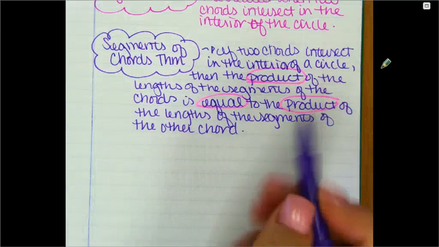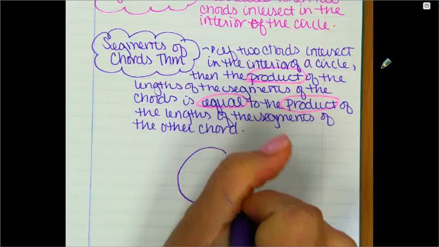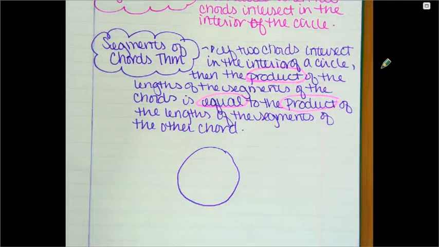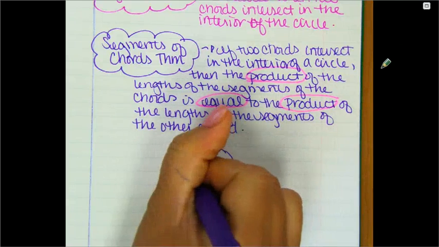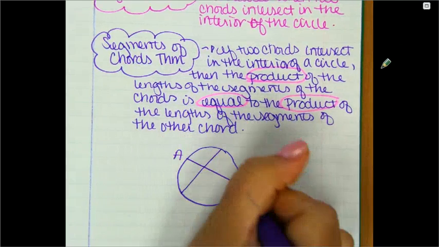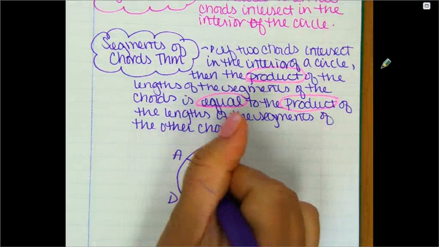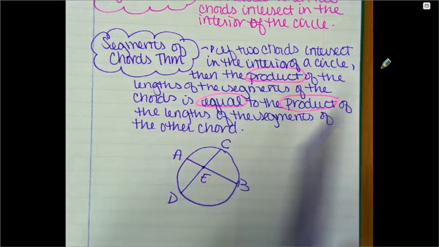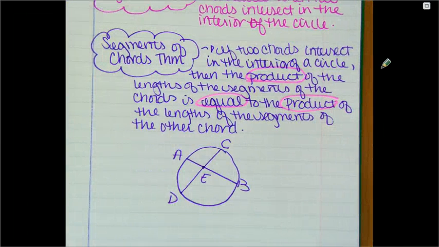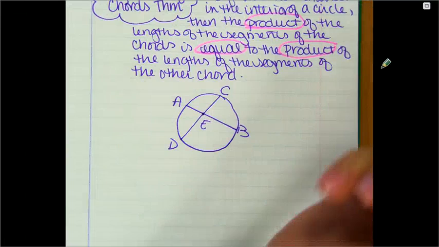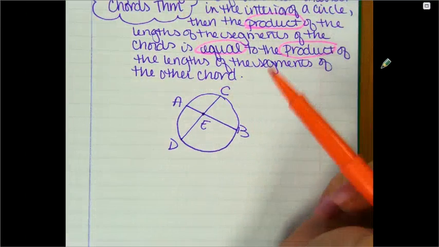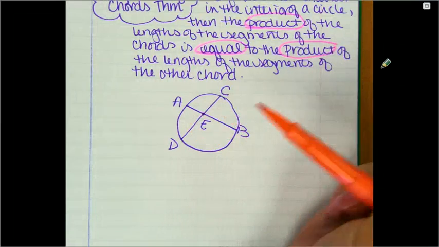Make sense? Draw a circle. Okay, segments of the chord up at the top. It says two segments are created when two chords intersect in the interior of the circle.